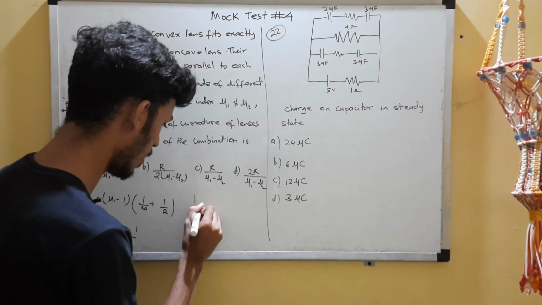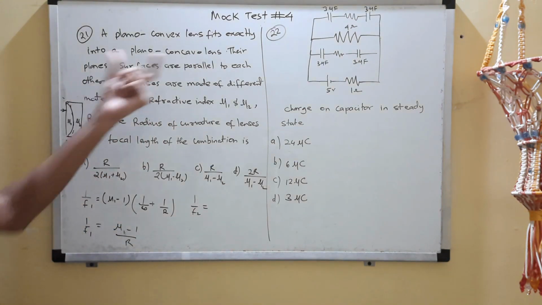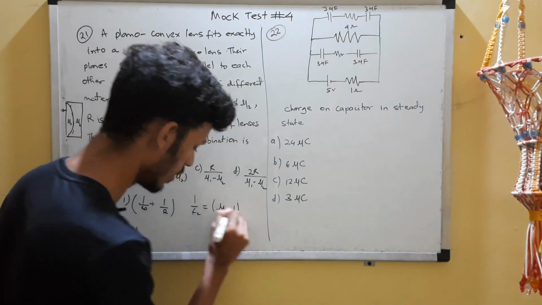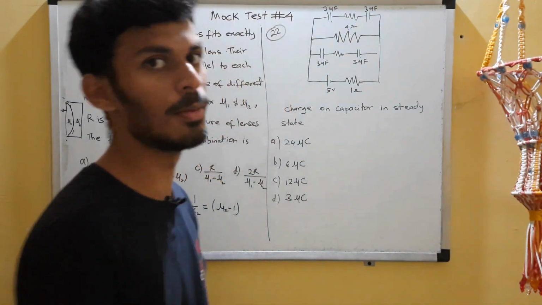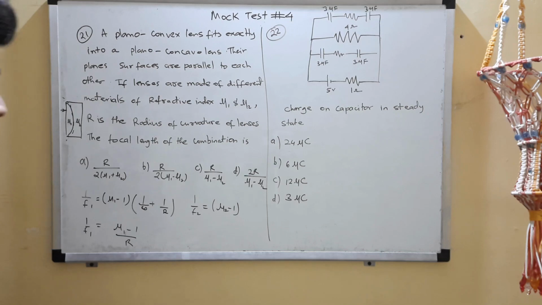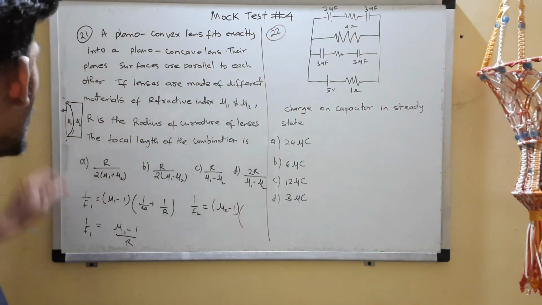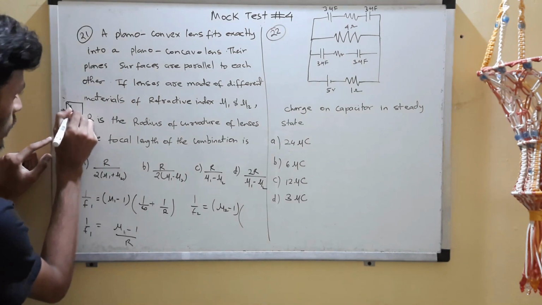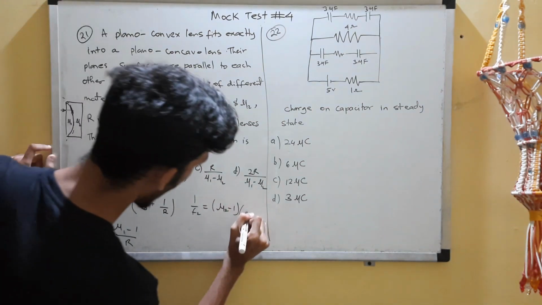Now 1 upon f2 is for the plano-concave lens. This will be mu2 minus 1. We are considering the surrounding medium to be air, so I'm not dividing by the refractive index of the medium. The light ray is incident first on the concave surface, so that is 1 by r1.